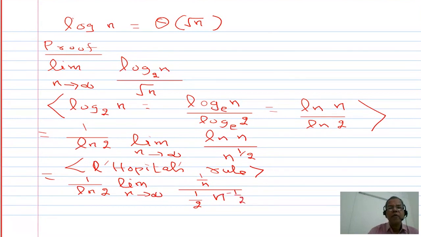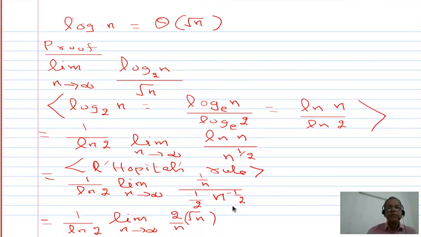minus half. Okay. This is 1 by ln 2 times the limit as n tends to infinity. What is this? 2 times 2 by n. Okay, I continue here.